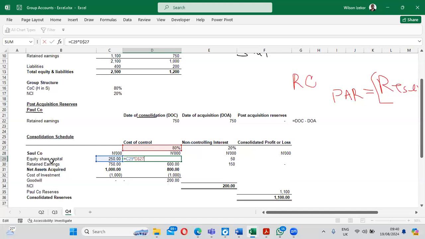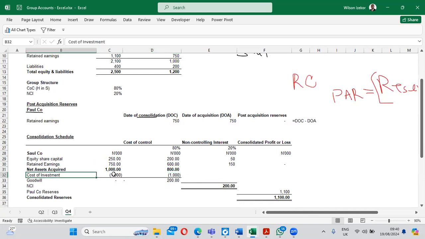So my equity share capital becomes 250 times 80%, which gives you 200. And then the retained earnings is 750 times 80%, which gives you 600. If you add this up, it gives you 800.